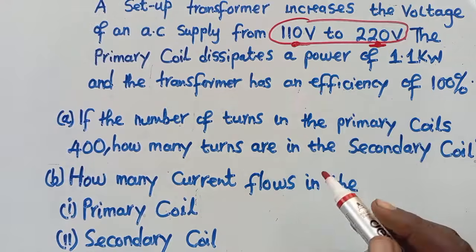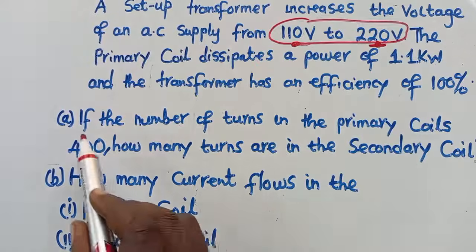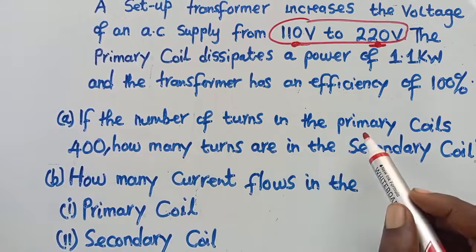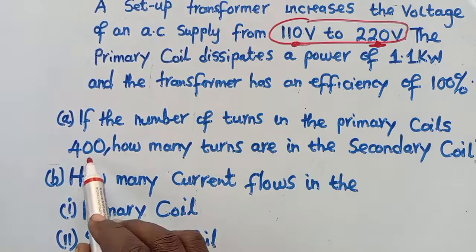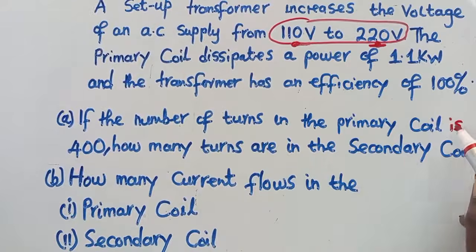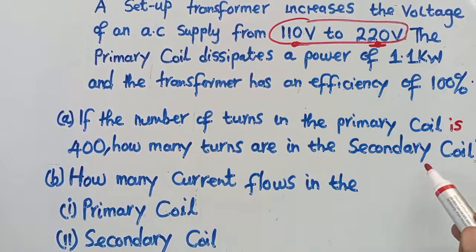The first question is telling us, if the number of turns in the primary coil is 400, how many turns are in the secondary coil?